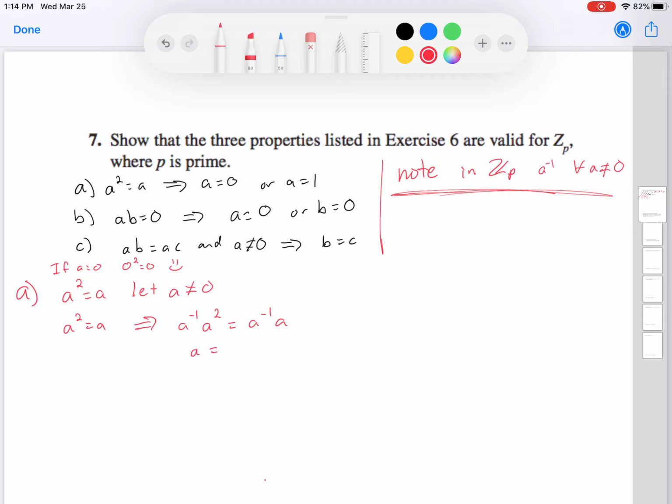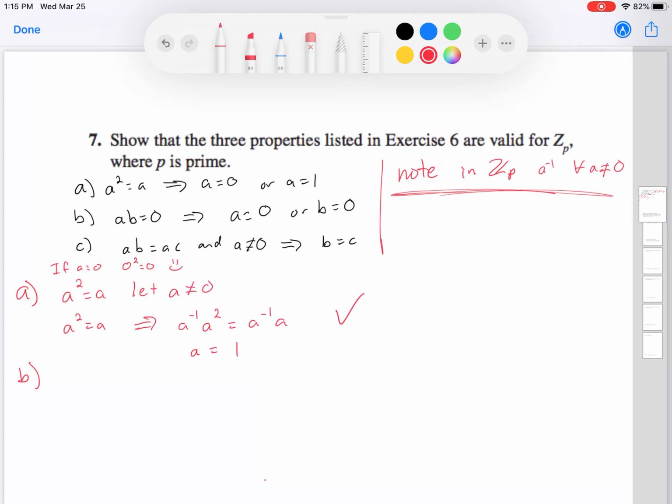This would give us a equaling 1. So a inverse a squared would be a, and a inverse a is 1. All right, so either a was 0, or if a is not equal to 0, it has to be 1. So we have our first property shown.